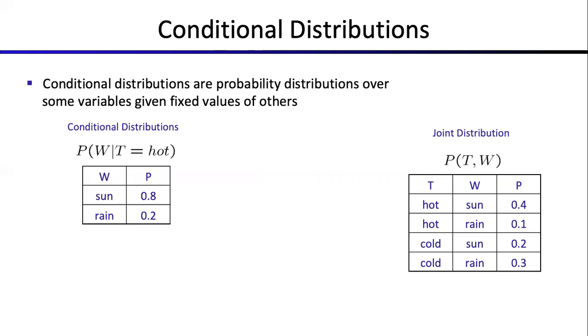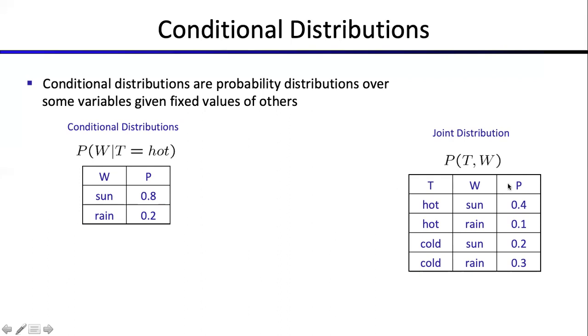Conditional distributions are such that for a fixed value of a condition you can find a distribution over the other random variable. So for a given value of temperature equals hot, I can find a distribution over weather.